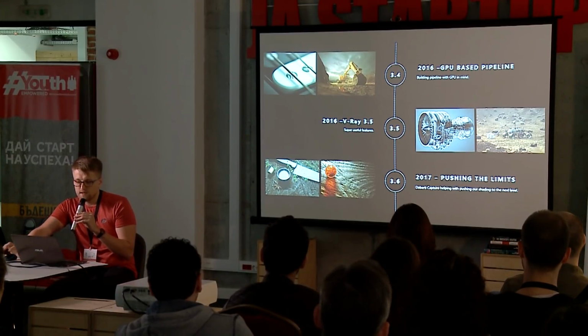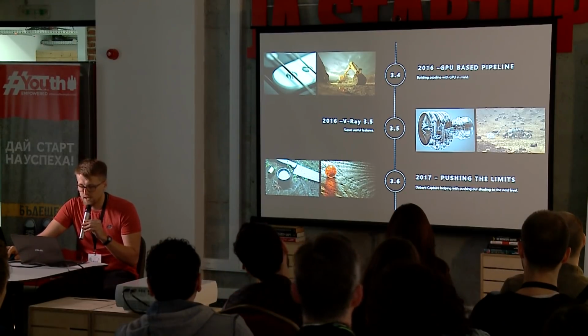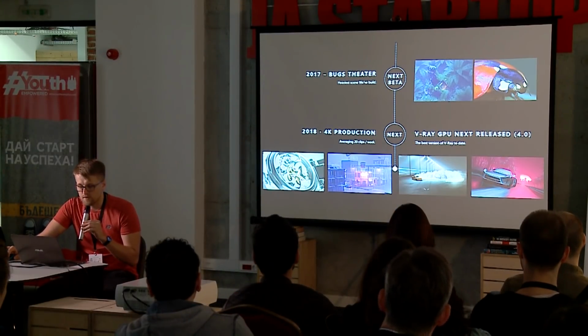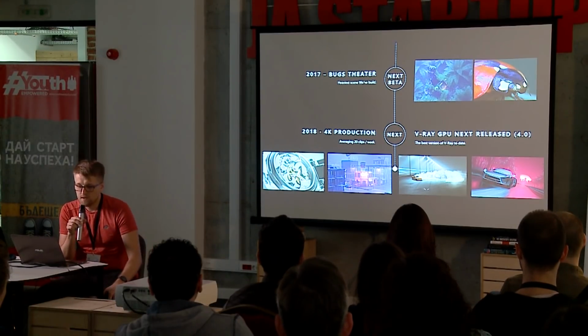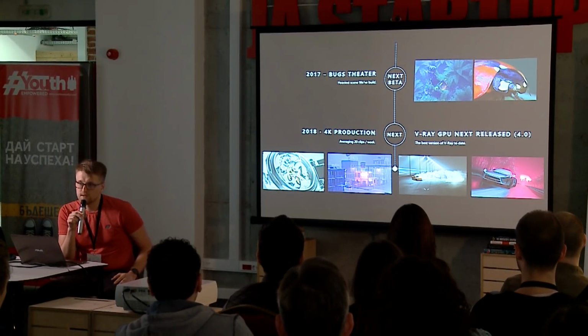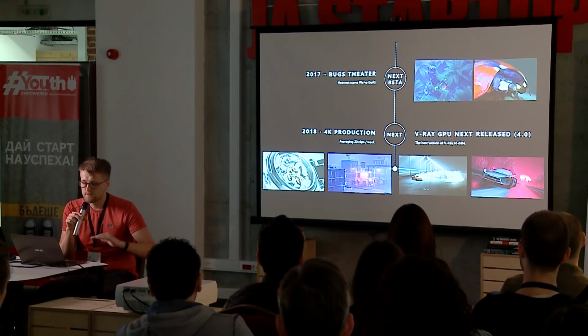Later on, I developed it a bit more, and we started pushing our shading even further. But what's interesting is that in late 2017, we started using V-Ray Next beta from the first versions.